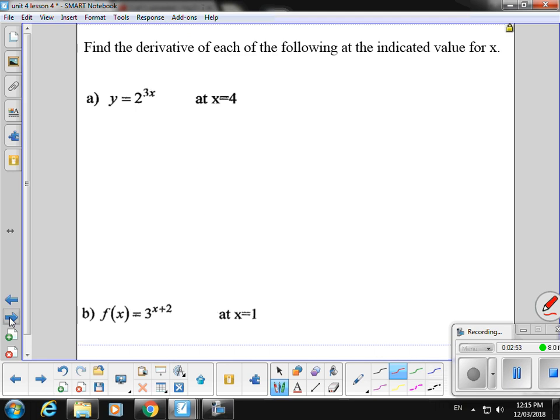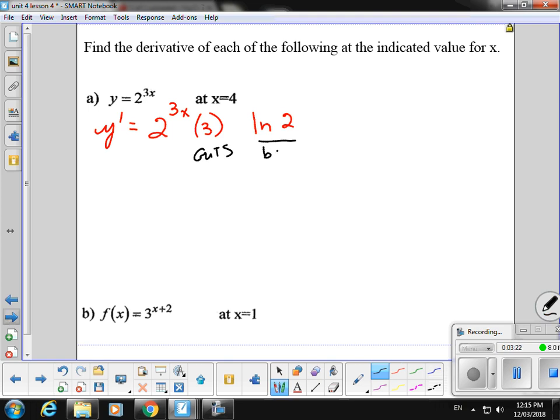Okay, here we go. Example number 1. y equals 2 to the 3x at x equals 4. So my derivative is, okay, if I have a power, then my derivative is b to the x. Oh, don't forget the guts. Adjust for the base. So this is the guts.